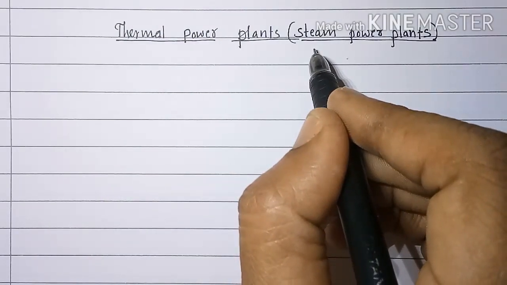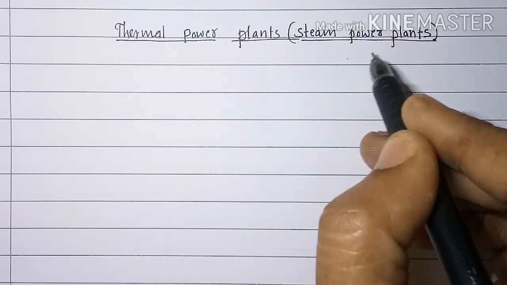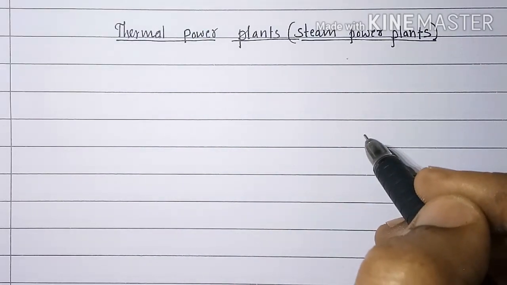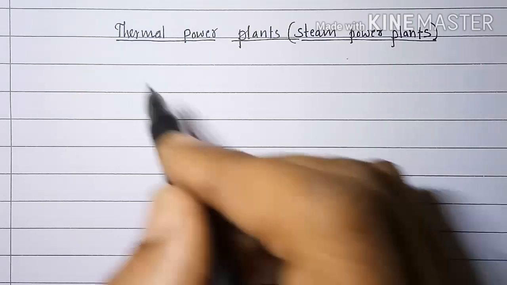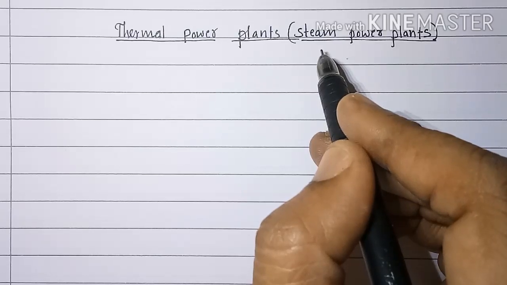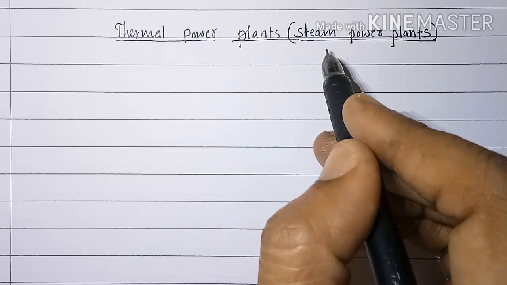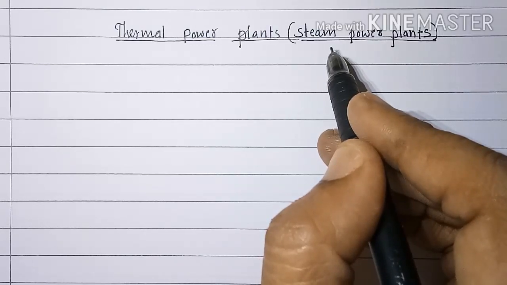Here you can see thermal power plants are also called steam power plants. It means that using heat energy, water is converted into steam, and then that steam is used to run or rotate a turbine which is coupled to a generator, and that generator produces electrical energy.